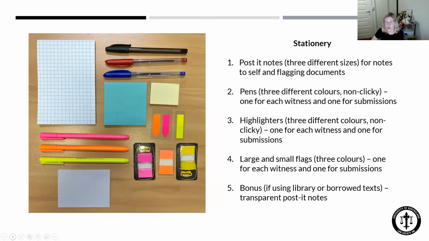Usually the bigger ones are for notes that I pass to counsel during the hearing, but that is good if you've got big handwriting, or you've got a fairly lengthy point that you want to note to yourself. The smaller ones are probably more for flagging documents or flagging sections of textbooks or whatever.